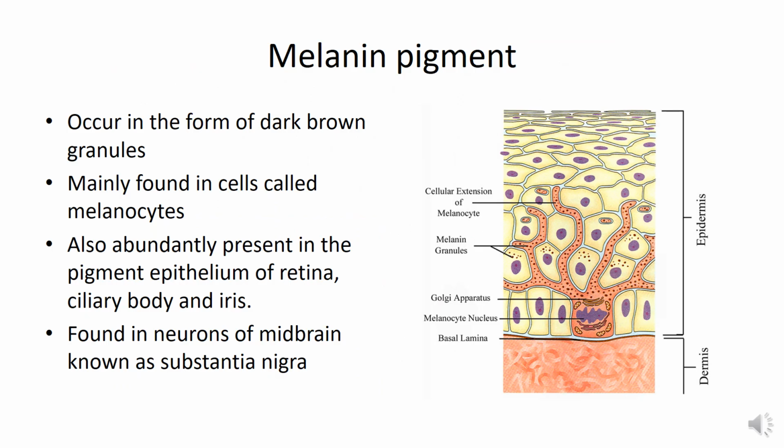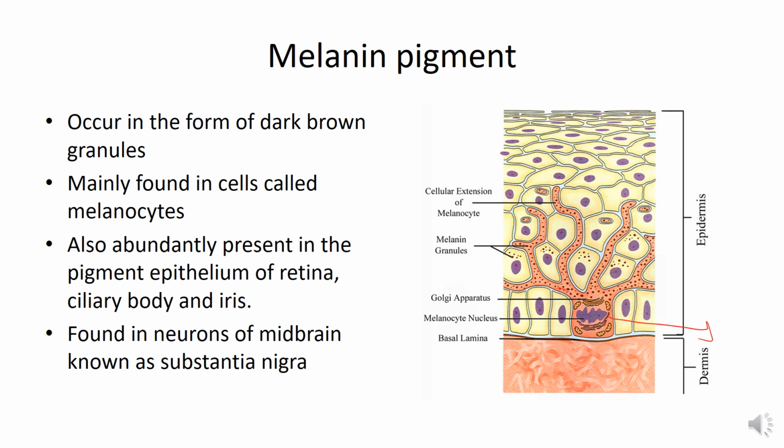Melanin pigment occurs in the form of dark brown granules. They are mainly found in the skin cells named melanocytes, which are located mainly in the basal layers of the epidermis of skin. This is the melanocyte cell.